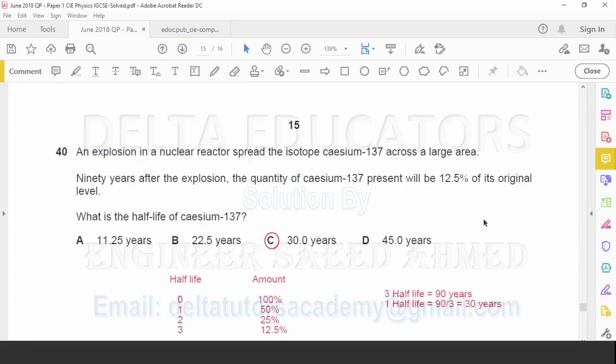Question number 40. An explosion in a nuclear reactor spread the isotope cesium-137 across a large area. 90 years after the explosion, the quantity of cesium-137 present will be 12.5% of its original level. What is the half-life of cesium-137?